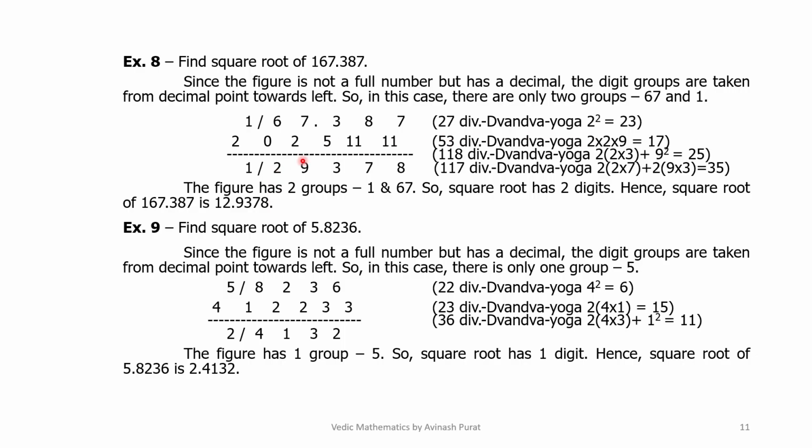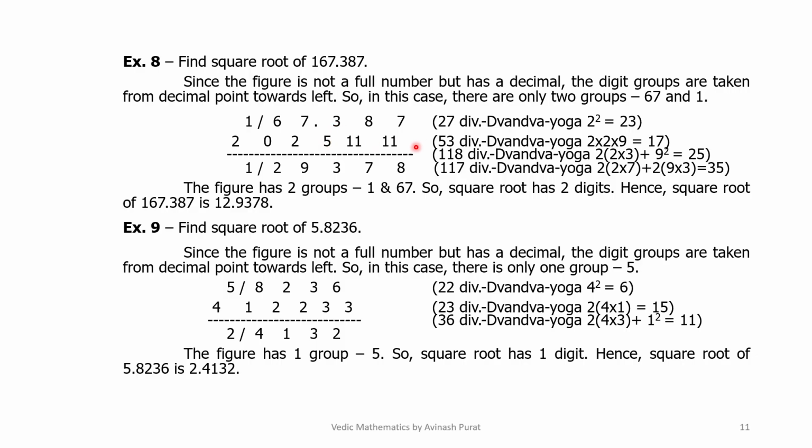So the resultant dividend is 23. 23 divided by 2, 9 is taken as quotient, and 2 multiplied by 9 is 18, and 5 is the next remainder.